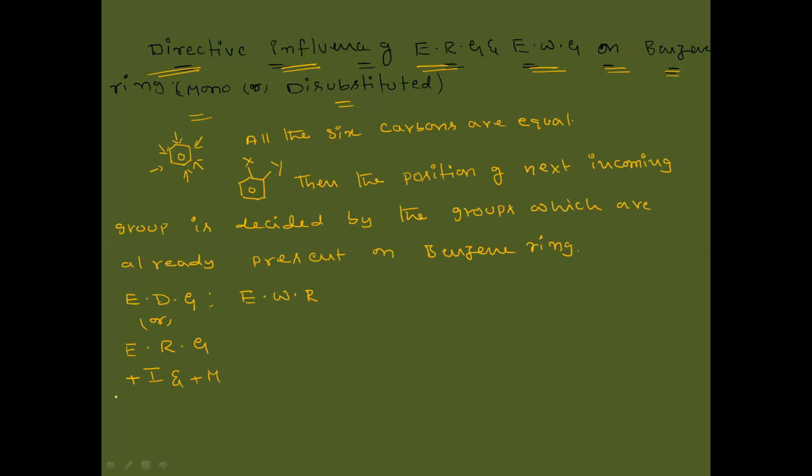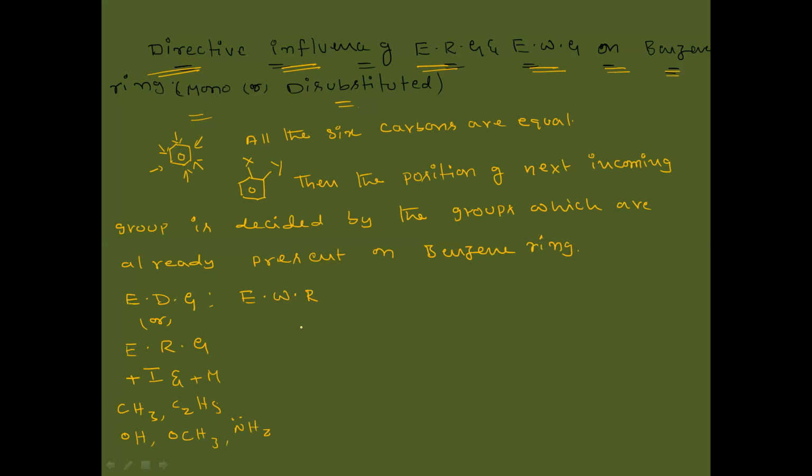For example, CH3, C2H5 will show plus I, and OH, OCH3 and NH2 will show plus M effect.